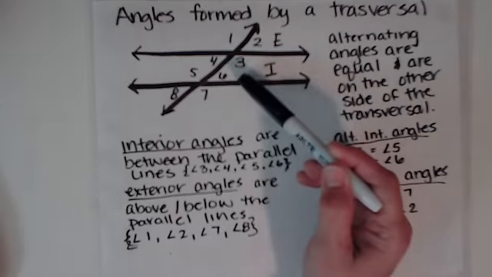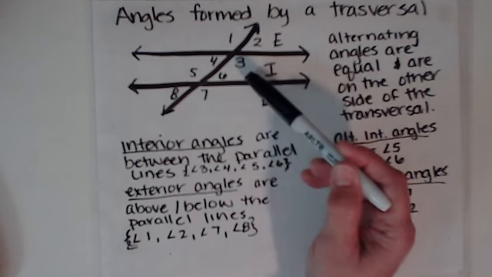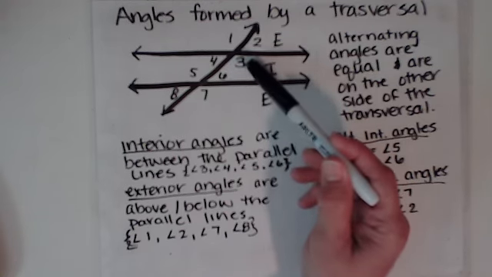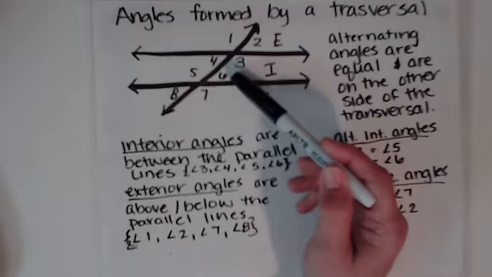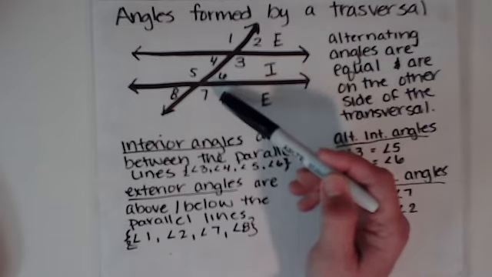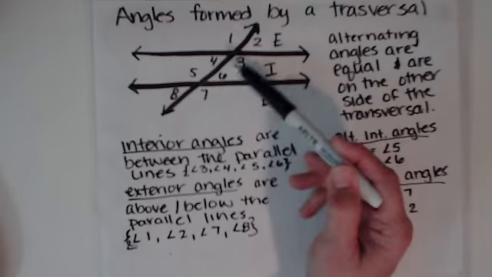In this case, those consecutive interior angles must equal 180 degrees. Think of them as being similar to supplementary angles, meaning they add up to 180. The same would be true of 7 and 2 on that side of the transversal.